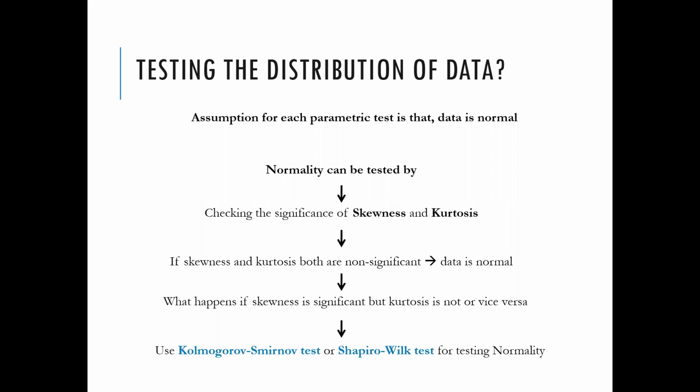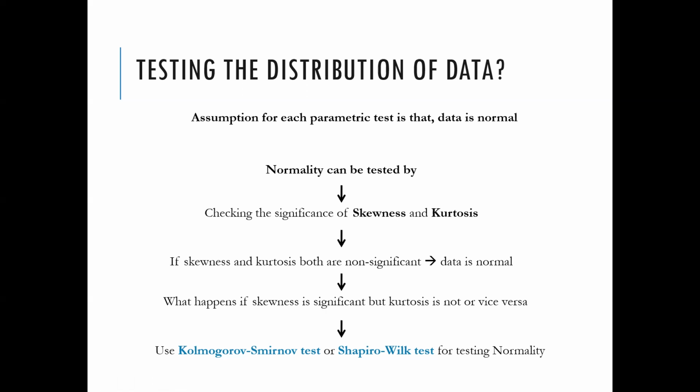Kurtosis refers to the heaviness of the tails. If skewness and kurtosis are both non-significant, then we can conclude that the data is normal. What happens if skewness is significant, but kurtosis is not, or vice versa?